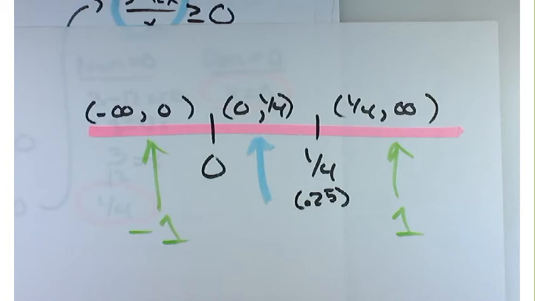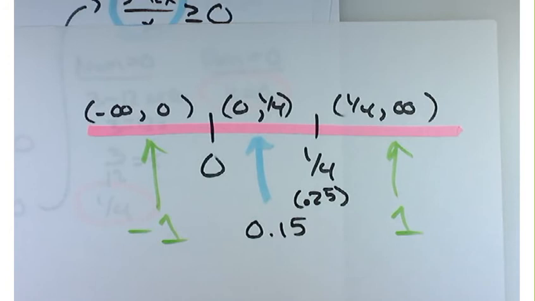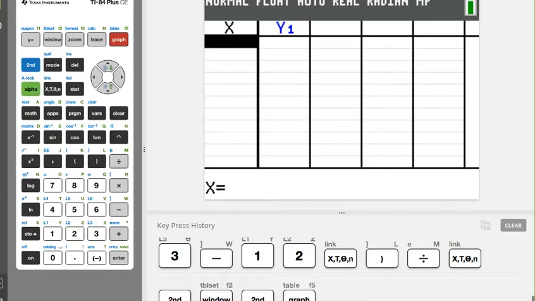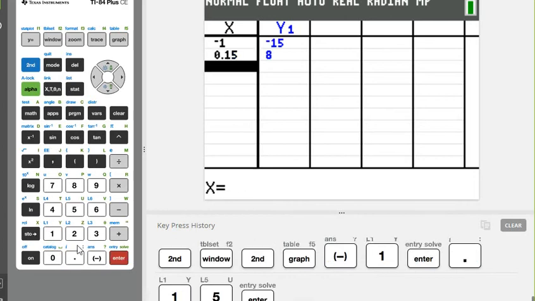Yeah, why not? 0.15. So those will be my test points. Let's go back to our calculator. When you're typing in a negative number, use the opposite key on the bottom row of your calculator. So -1 there, and then 0.15 with a suggestion for the middle interval, and finally 1 for the last one.